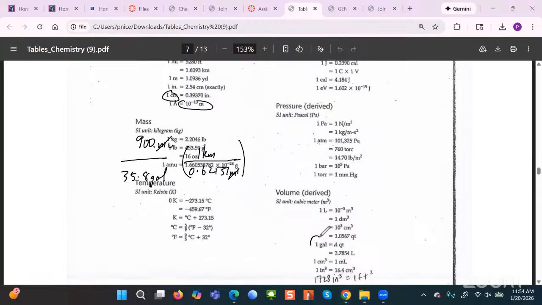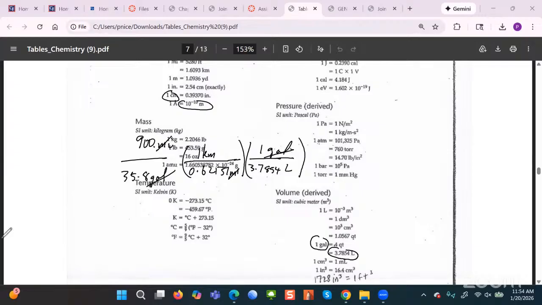Right here, 1 gallon is equal to 3.7854 liters. So the way we're going to set this up here, since we have the gallon unit down here, I'm going to put 1 gallon above, and down here, I'm going to put 3.7854 liters. All right. So the gallon units will cancel here and here.